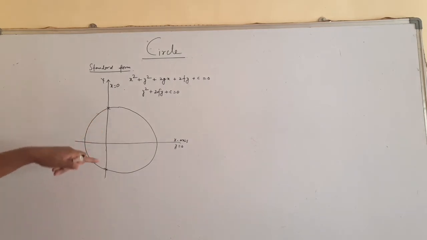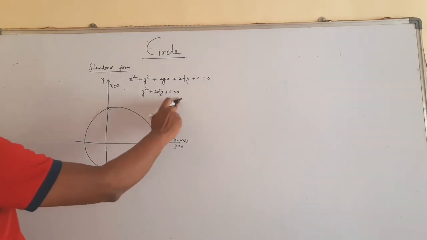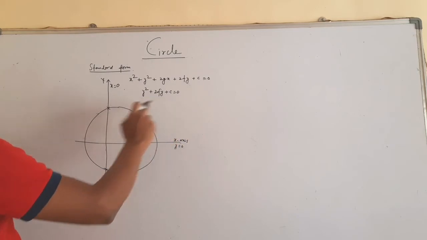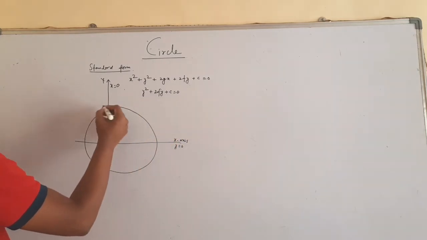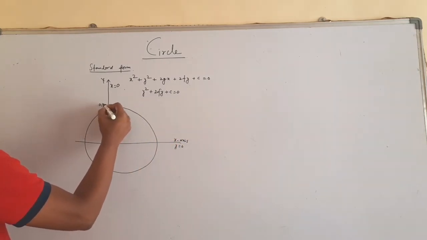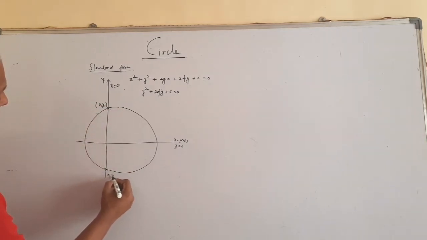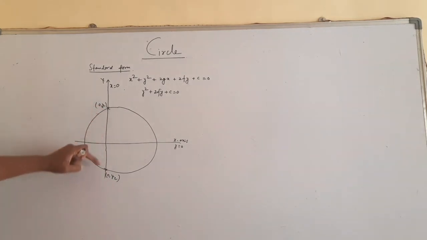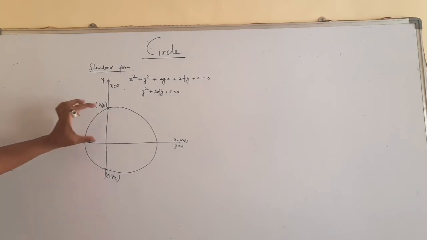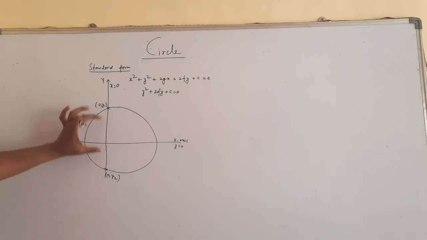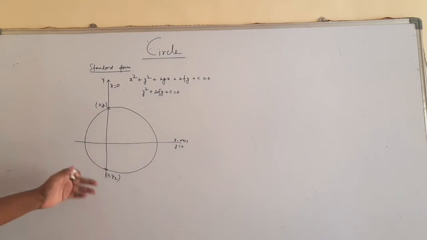Suppose this is the coordinate of this one, I call it y1, so this will become (0, y1) and this will become (0, y2), and then the length of this segment will definitely be y2 minus y1, or if you say this is y1 and this is y2, this can be y2 plus y1 depending on how you take them.